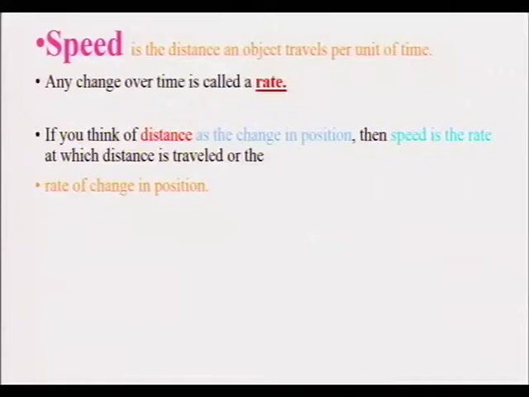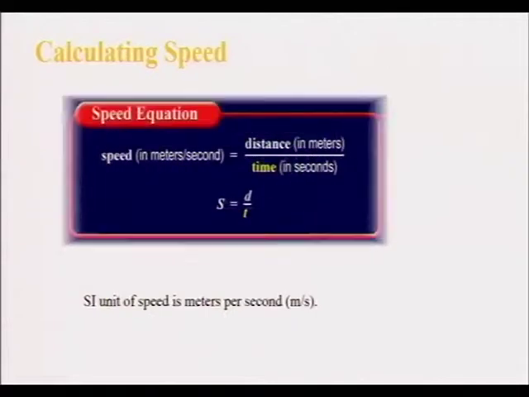So now the rate of change in position refers to the time. If you think of distance as a change in position, then the speed is the rate at which the distance is traveled, or the rate of change in position. That's what we call speed.